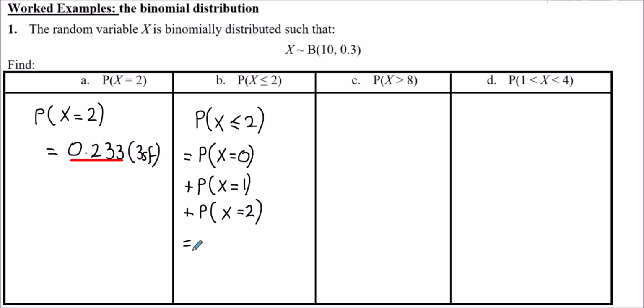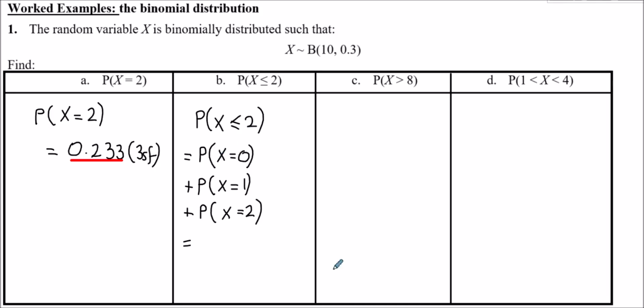Now at this point, if you're wondering whether there's a way the calculator can work out cumulative probabilities, 0, 1 and 2 together, yes there is, and that big reveal is the next lesson. That'll be on the video for 6.3, so all will be revealed. For now though, I just want to use the binomial PD function.